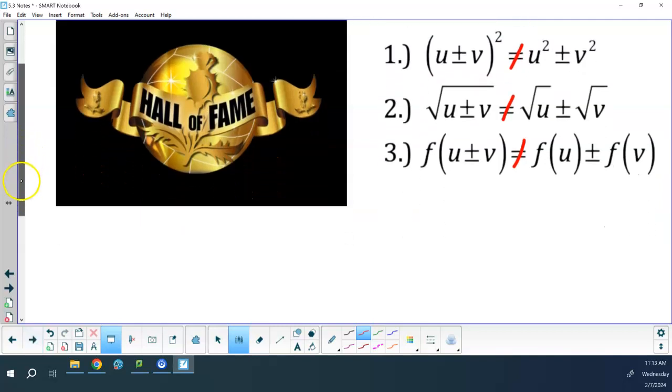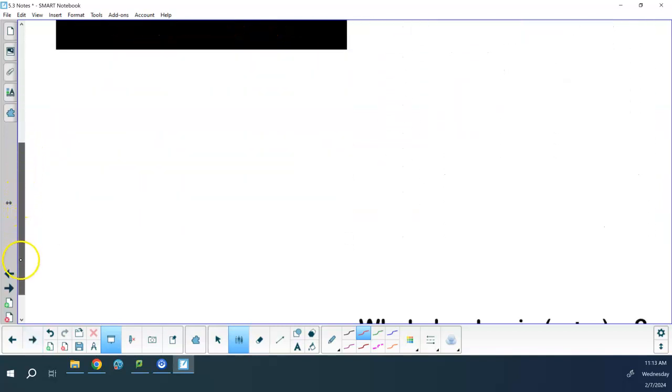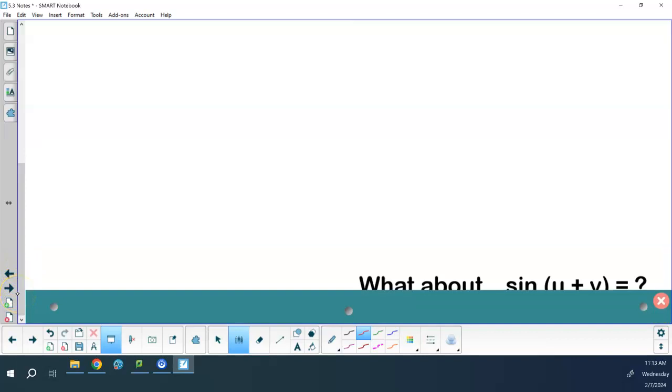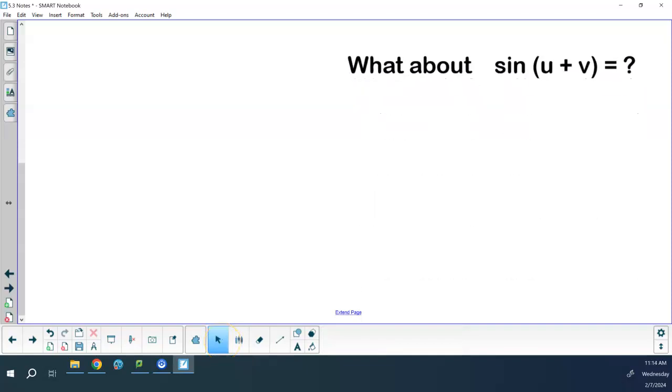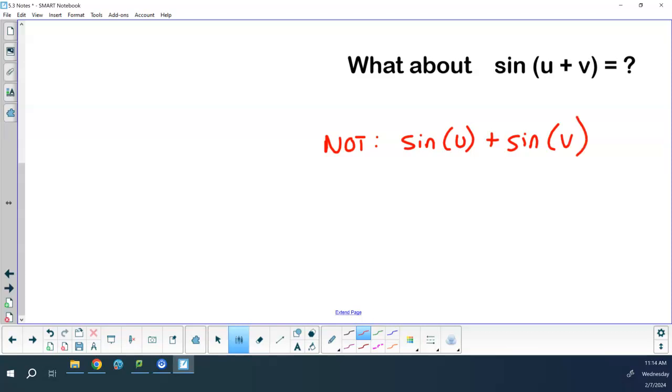Today, what we are going to be talking about is the sine of u plus v. Now, algebraically, it flows that this is not going to be the sine of u plus the sine of v.